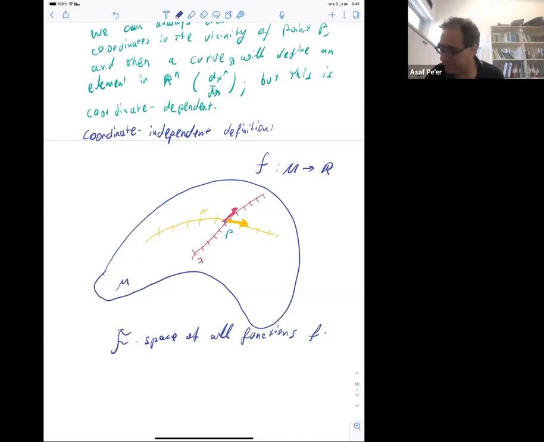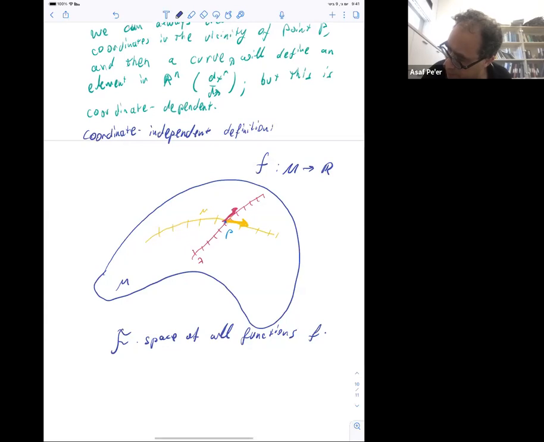And each curve that we have really defines an operator on this space. This is really the directional derivative. So each curve takes F. Again, F is a mapping, so for every point in M it gives me some value in R. So this will be like a point here.